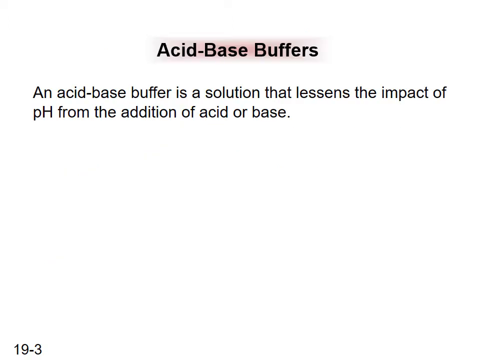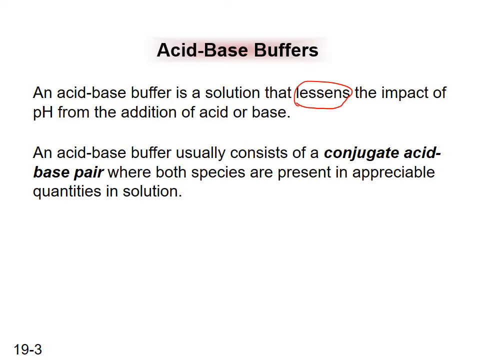An acid-base buffer is a solution that lessens the impact on pH from the addition of acid or base. An acid-base buffer usually consists of a conjugate acid-base pair, where both species are present in appreciable quantity in solution.